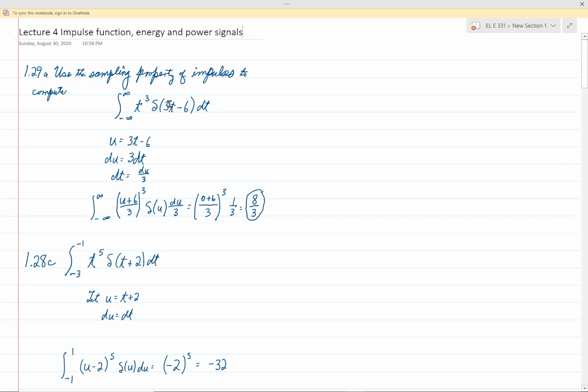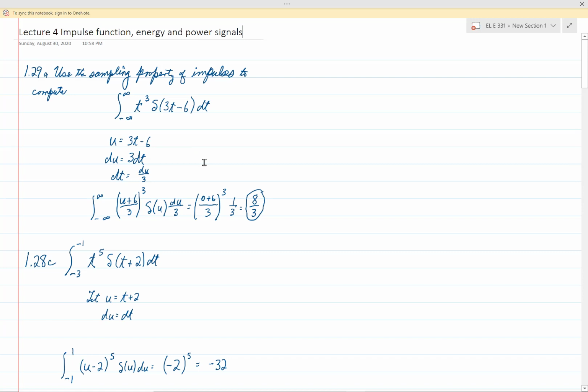So we want the argument of the delta function to be just t or just u, just a single parameter. And that's not the case here. We instead have 3t minus 6.